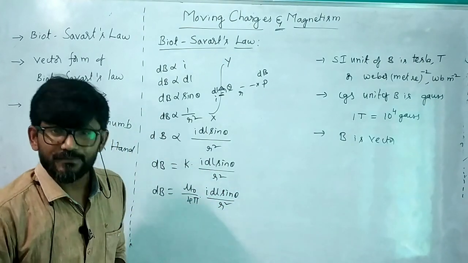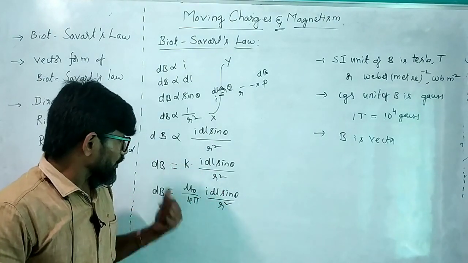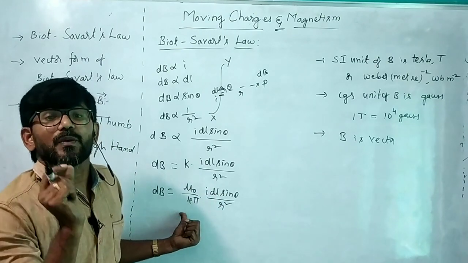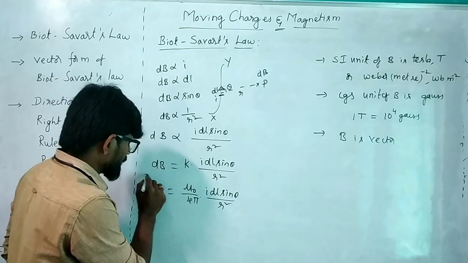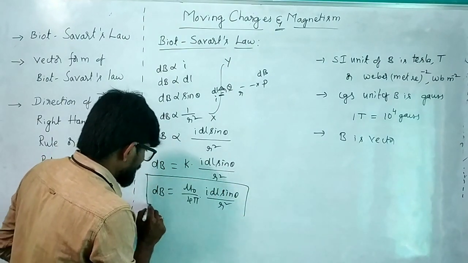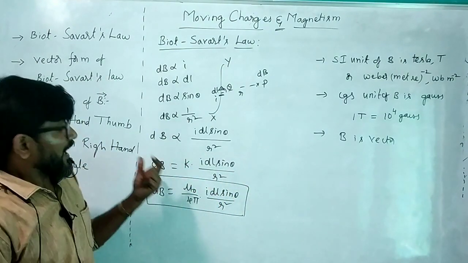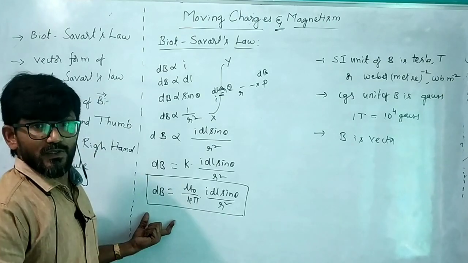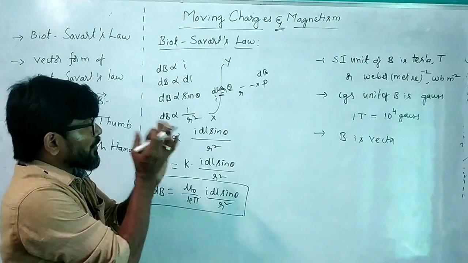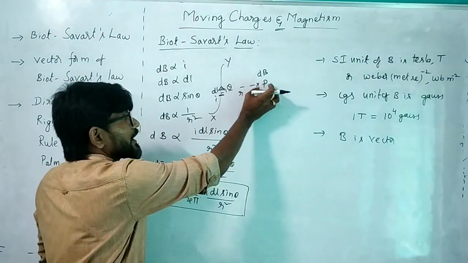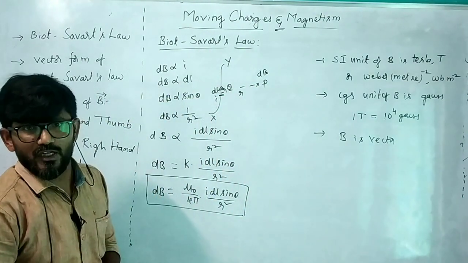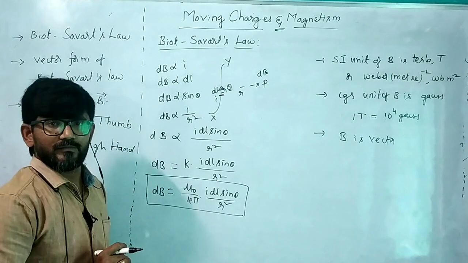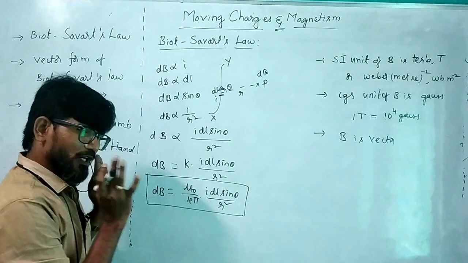Are you following? Here mu naught by 4 pi is what? Proportionality constant, and this gives the Biot-Savart's law, and this expression gives the magnitude of the magnetic field produced at a point P which is at a distance R due to this small element of length dl. Is it clear?